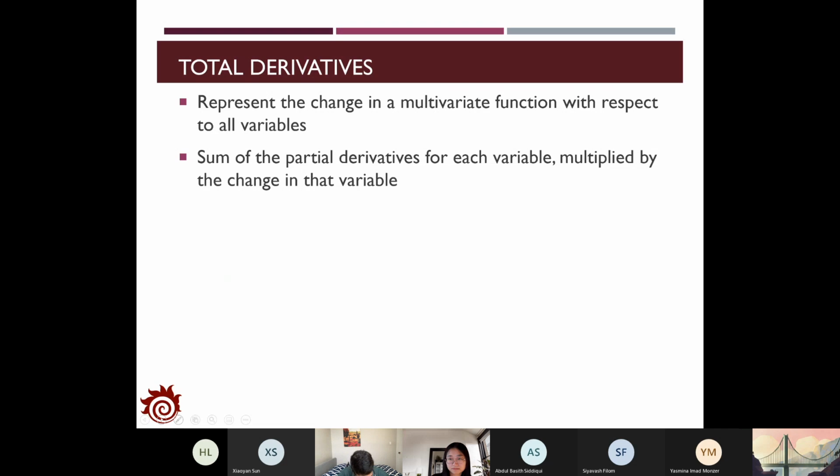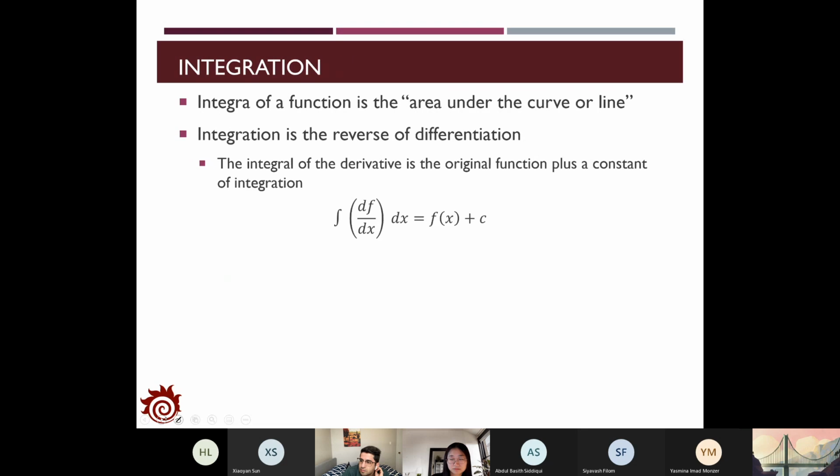To get that, we sum the partial derivative for each variable multiplied by the change in that variable. Then we have the total derivative for the multivariate equation. So that's the derivative part.